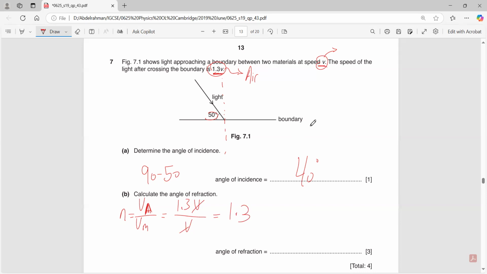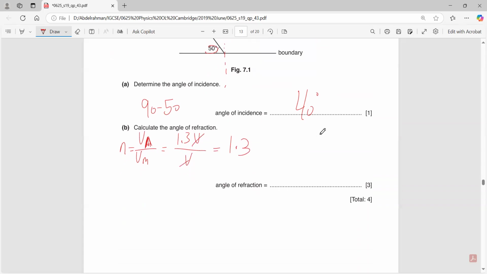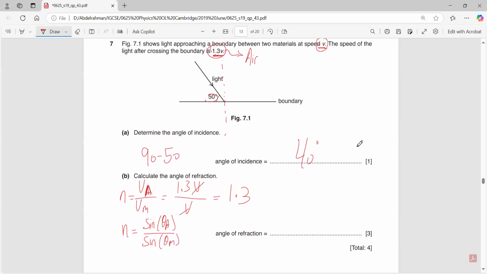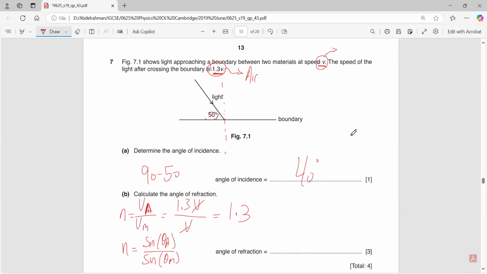Now, can I find the angle of refraction? Yes, I can. I have the equation n equals sine theta air over sine theta medium. Think about it carefully. This light was moving between two materials.